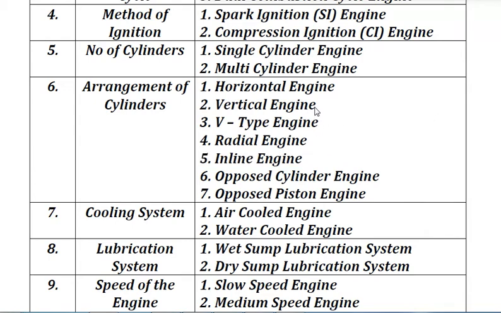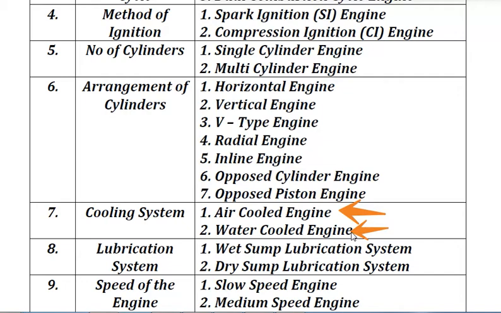Moving ahead, the next classification criterion is the cooling system. What type of cooling system is implemented in that engine? The first type is the air cooled engine, and the second is the water cooled engine. The name itself tells you: air cooled means the engine is cooled with the help of air.